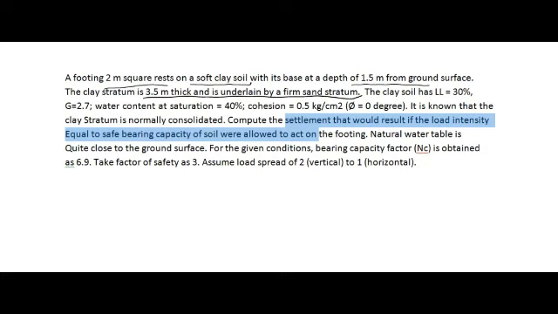So from this line you should understand that if this is the ground level, then the particular footing here, the base of the footing is at a depth of 1.5 meters from top, and this is a clay soil.